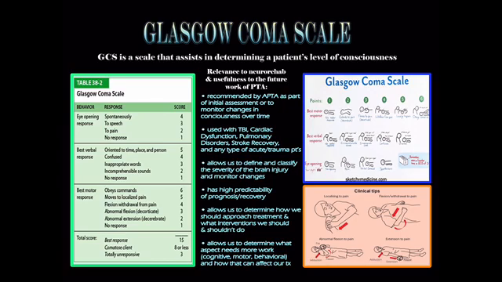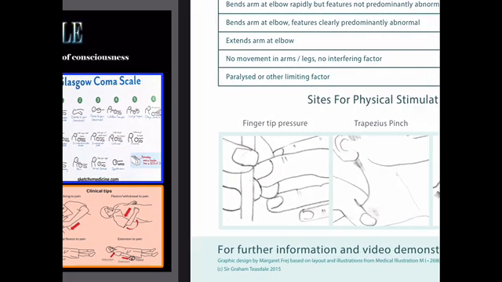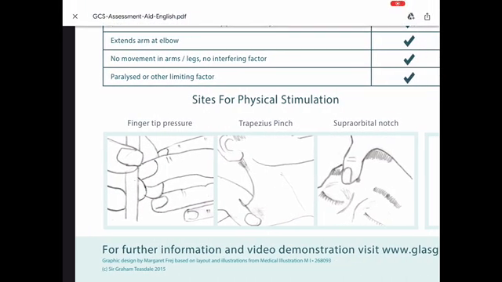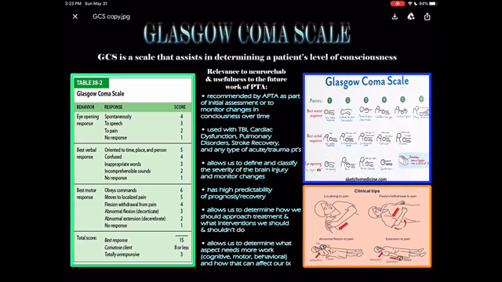The stimulus is going to be either verbal or physical. A physical way could be fingertip pressure, trap pinch, or at the supraorbital notch. This is from the GCS website, so this is what they recommend. Then you would rate their response, jotting down the highest response that you observe with this patient reacting to the stimulus you provided.